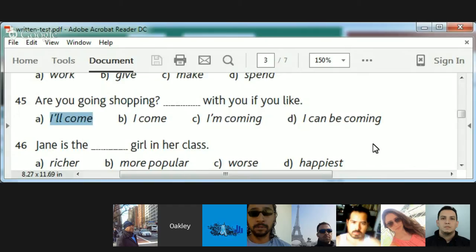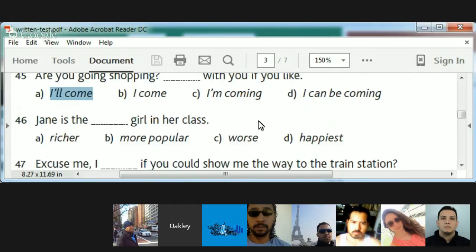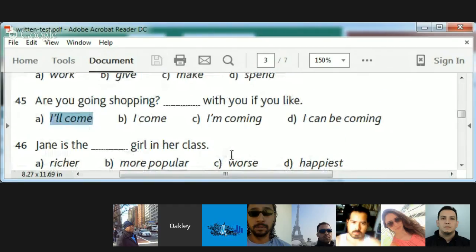Okay, any questions? Teacher, sorry. Yeah, but it's a question like informally, in speaking. Can you say, as a native speaker, I'm coming with you if you like? That sounds really weird to me. I don't know, because I hear you use the present continuous to refer to the future, like I'm going with you this evening.